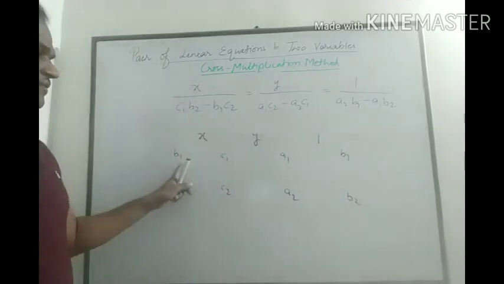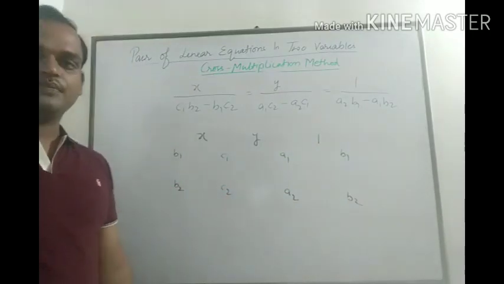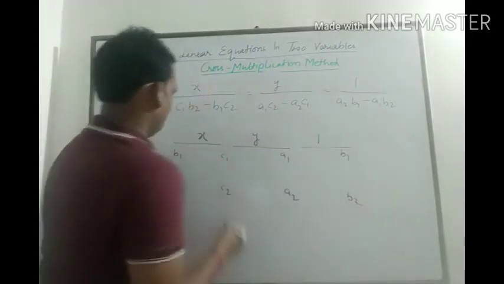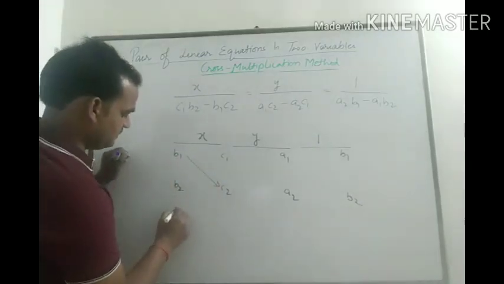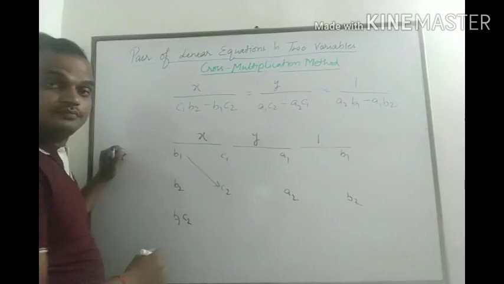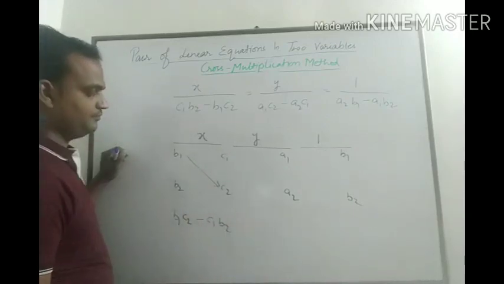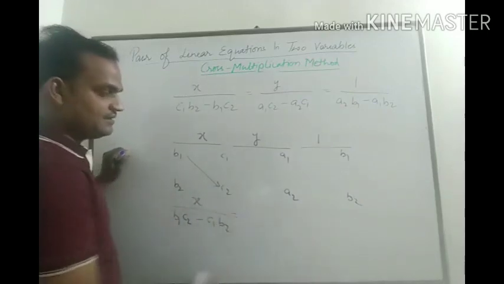We have started with b1, b2, c1, c2, a1, a2, b1, b2. Now this will be taken as upper. This will be multiplied to this, b1 c2, and minus c1 b2. Again this comes under x.